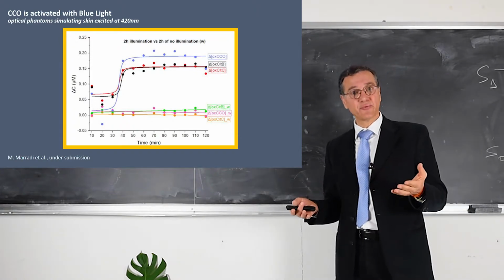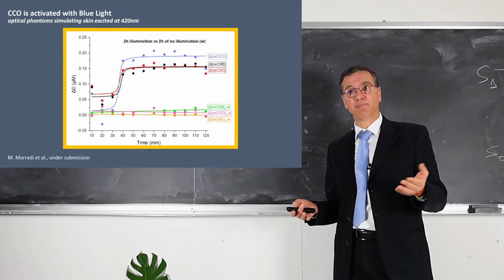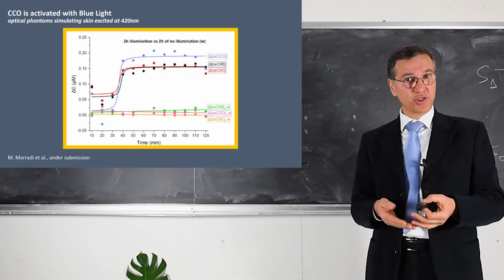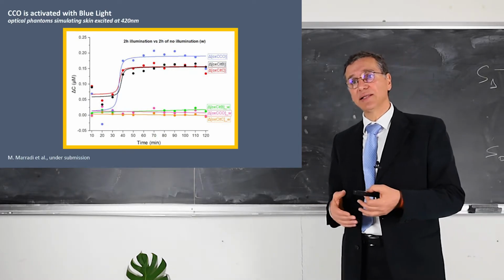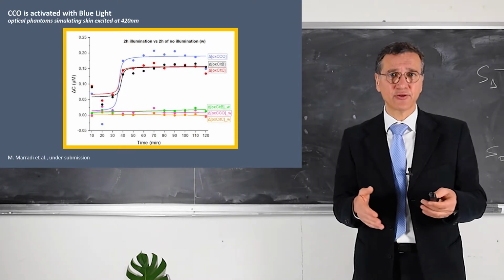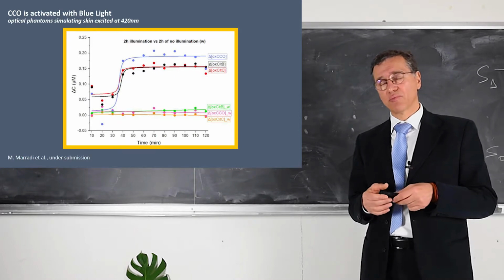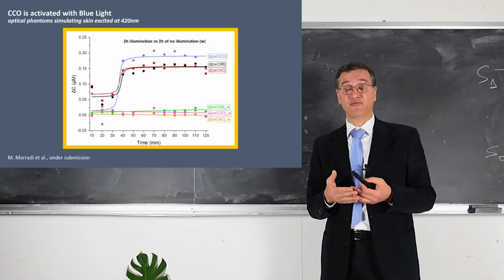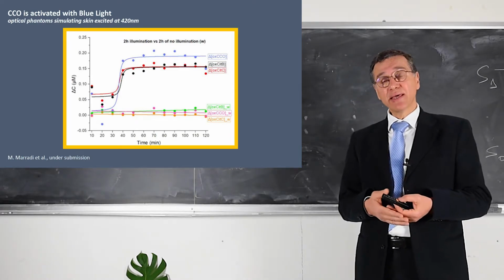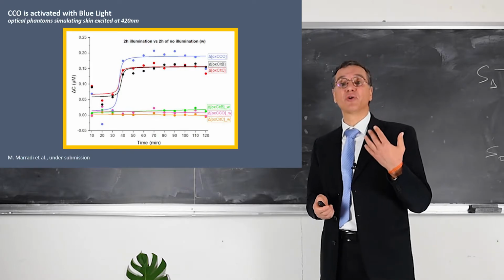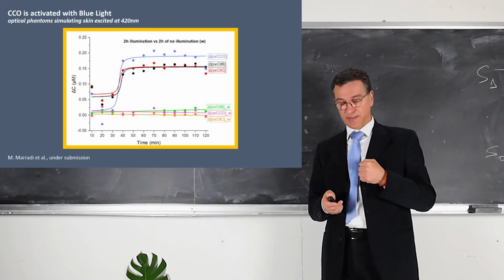Well, we found quite a reasonable answer here, because we used a real tissue phantom, not a digital one, and we studied the activation of cytochrome, and in particular cytochrome oxidases, cytochrome B and cytochrome C, with blue light. And we see that effectively there is a big increase in the concentration of those species.